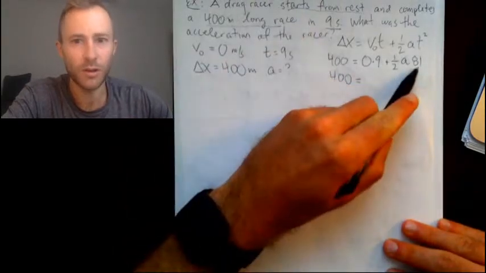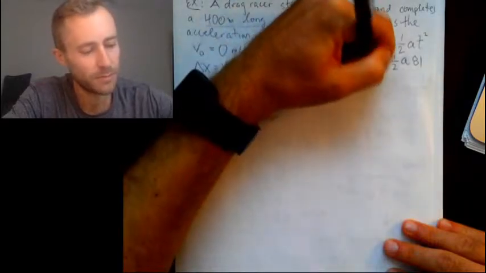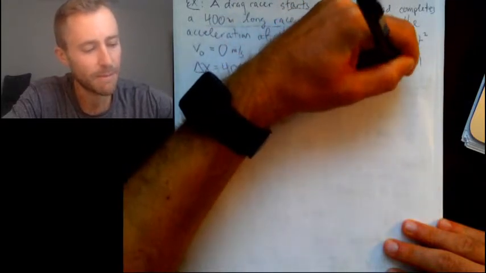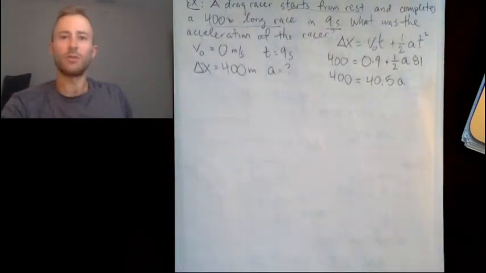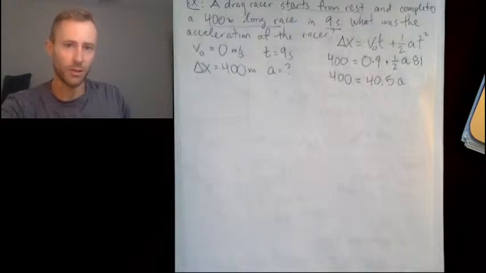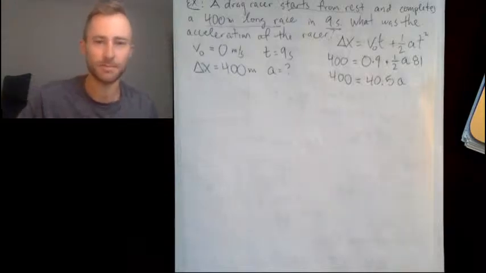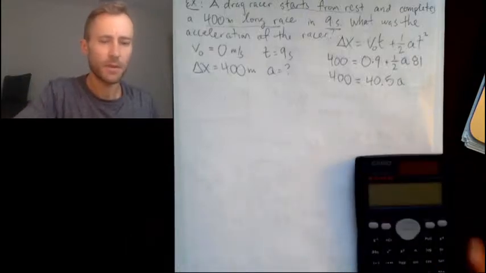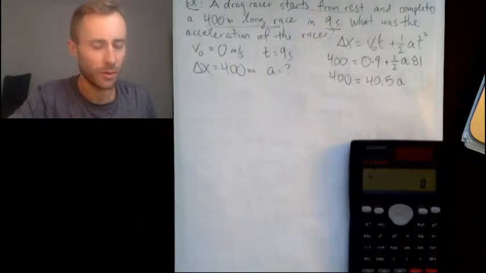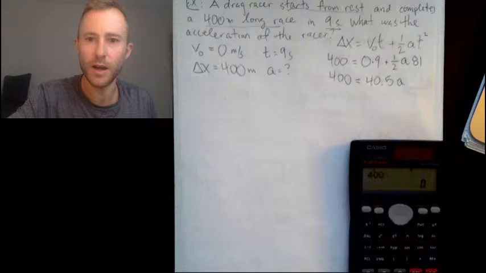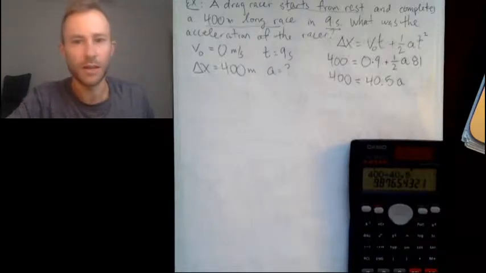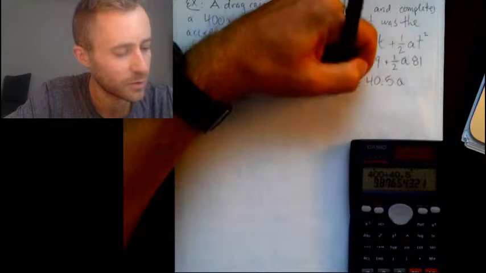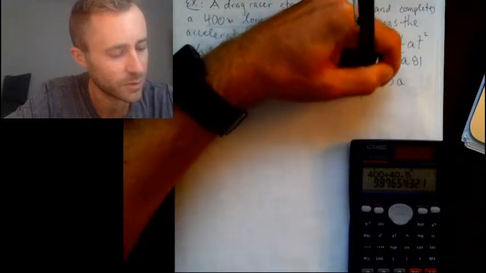And then 81 over 2 is 40.5. All right, so this becomes a simple algebraic equation for acceleration. Okay, so I want to divide both sides by 40.5. And I get 9.9 meters per second squared is the acceleration.